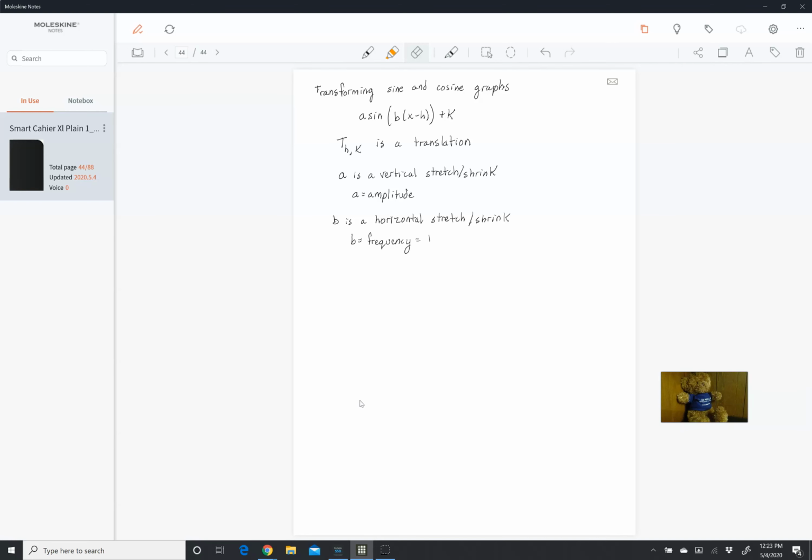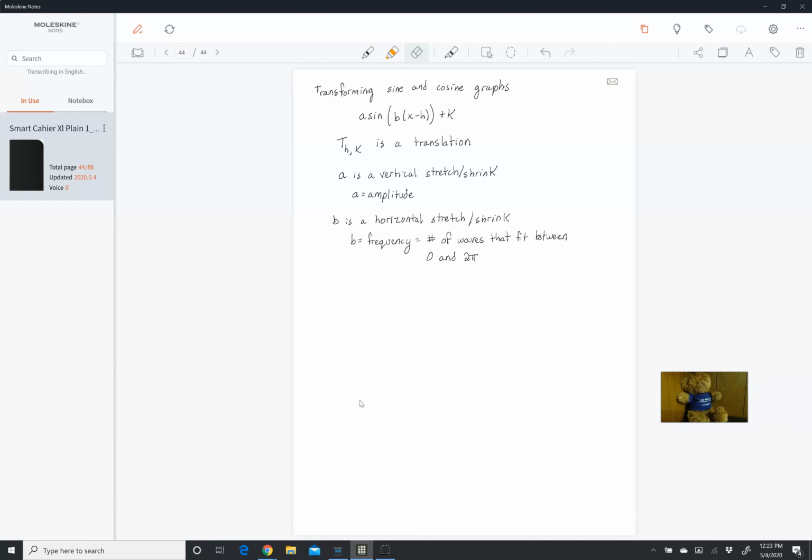And this is the number of waves that fit between 0 and 2 pi. We talk about the number of waves that fit between 0 and 2 pi, but then we also talked about the length of the wave.